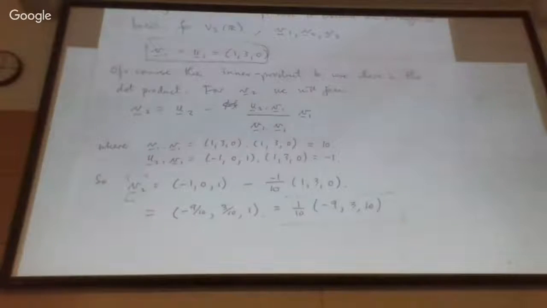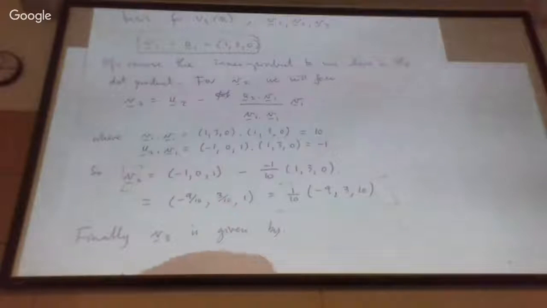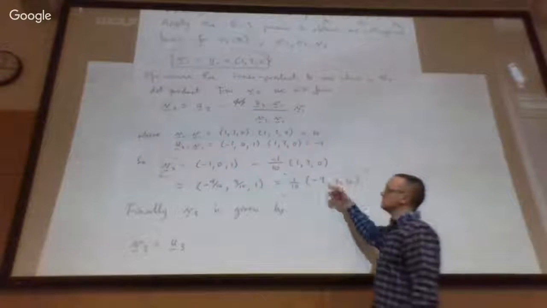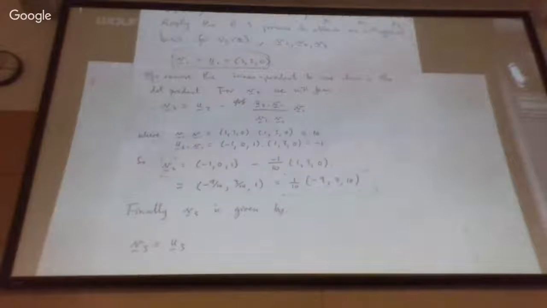Okay, so we can again then go for V3. The new vector V3 is basically the old vector U3. Of course, we've no guarantee that U3 is going to be orthogonal to either of the ones that have come before it.